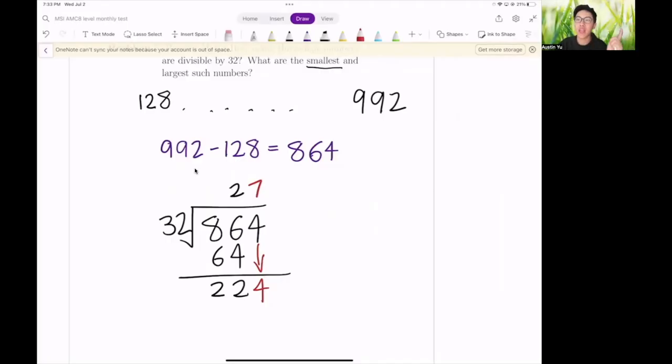So it's actually 27 plus 1 equals 28 such numbers that are divisible by 32 in three-digit numbers. So the answer is 28.